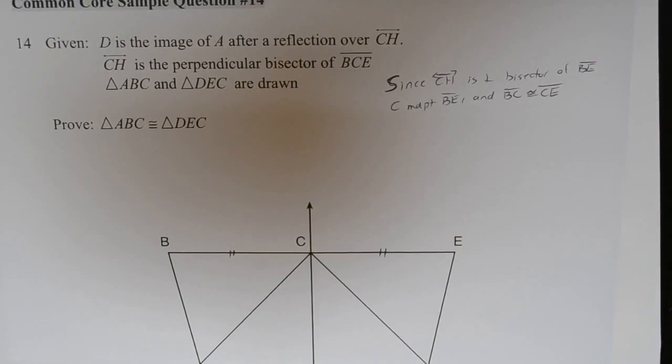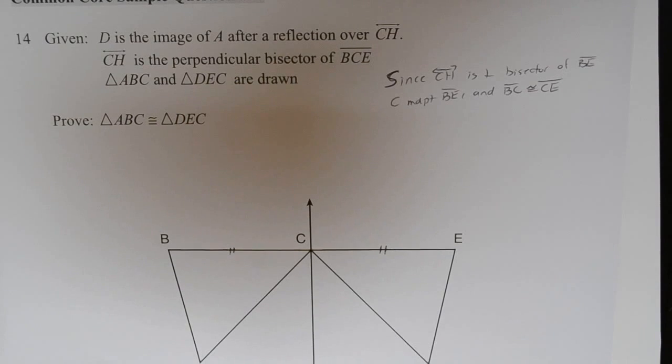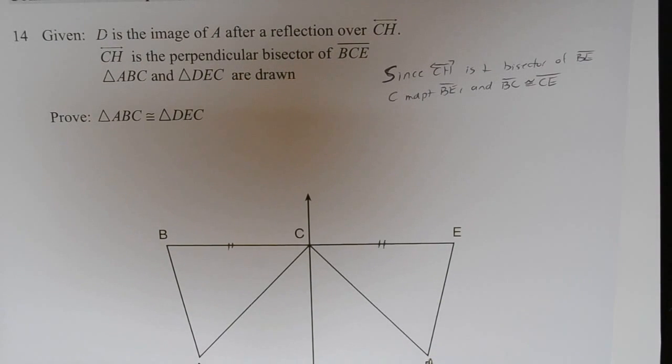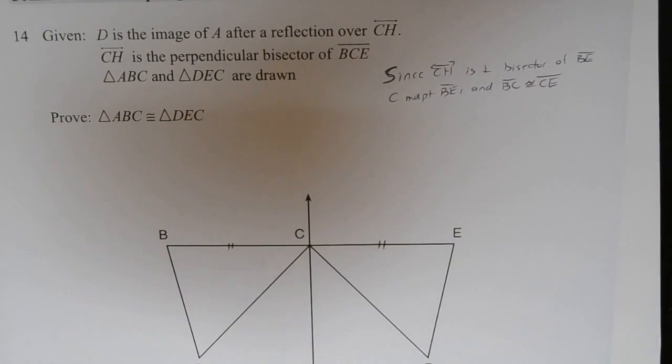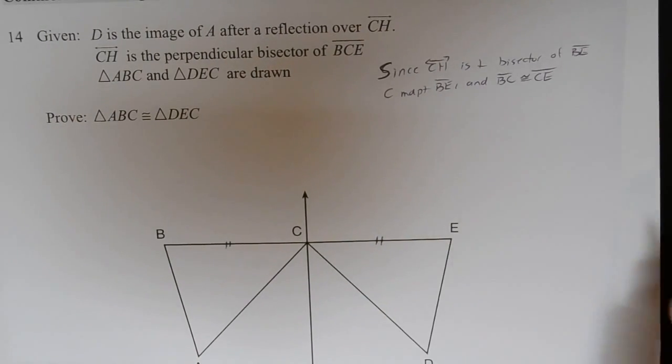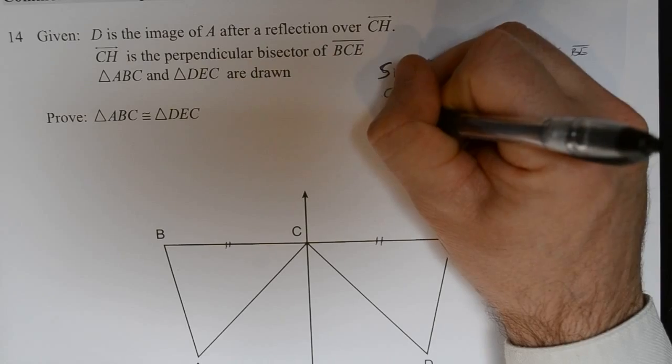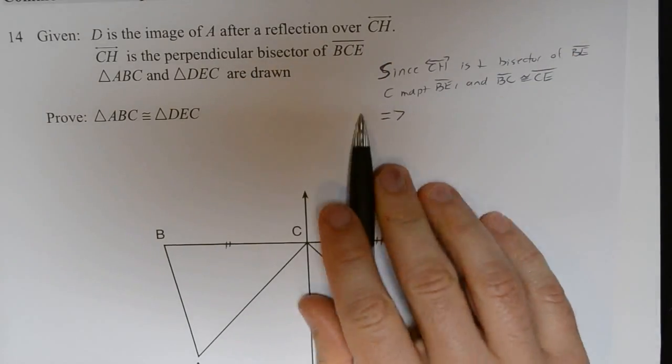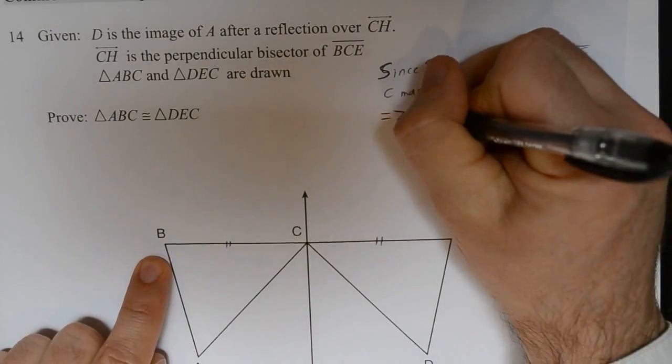Great. What else do I need to make triangles congruent? Well, some more sides would be great, or some angles. Let's see. So what can we do here? We know that these are also the image after reflection. So CH is the perpendicular bisector of that. Can we use that to help us here? Let's think. Okay, sure. So that means, therefore, B and E, right?